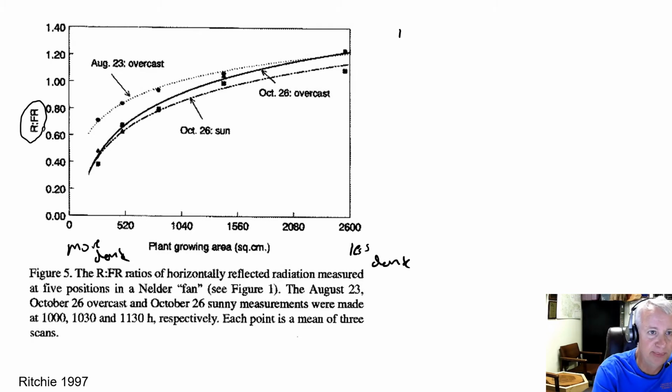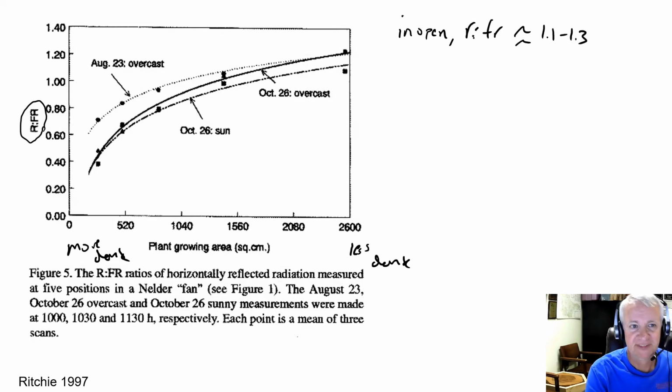So in the open, in sunlight, red to far red is maybe 1.1 to 1.3. So there's a little more red than far red. But as those trees were growing closer together, the red to far red ratio went down.